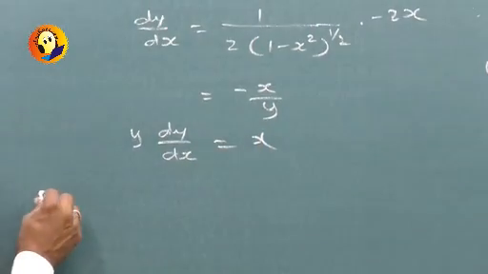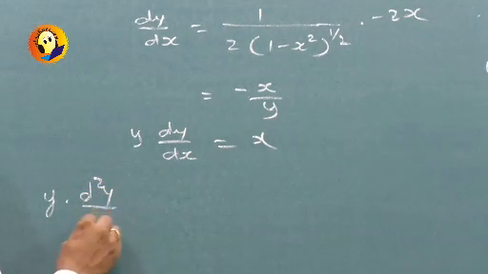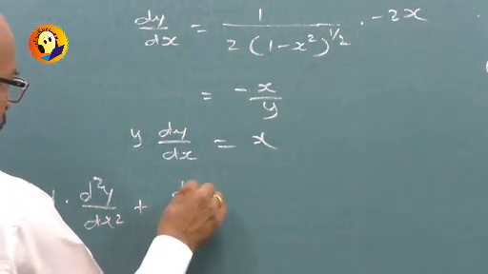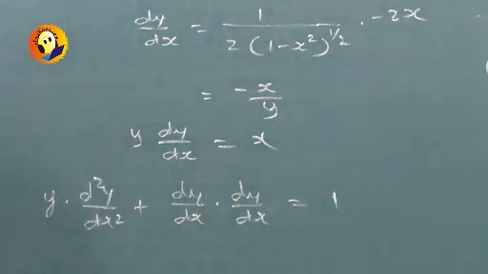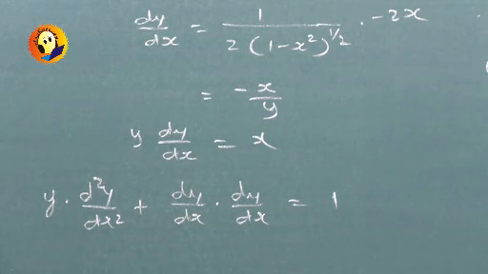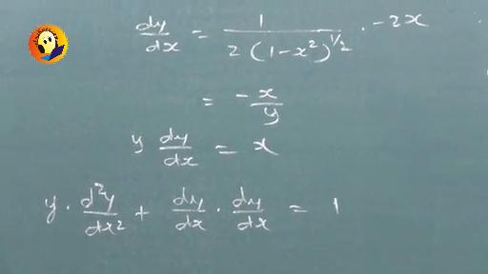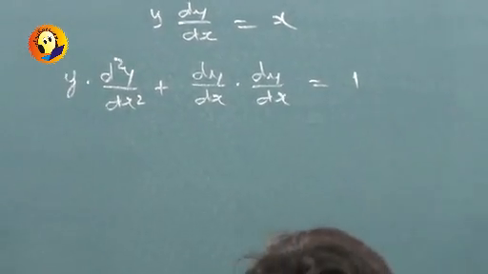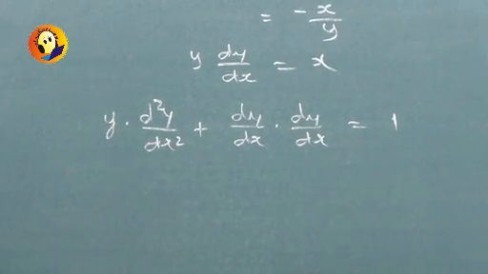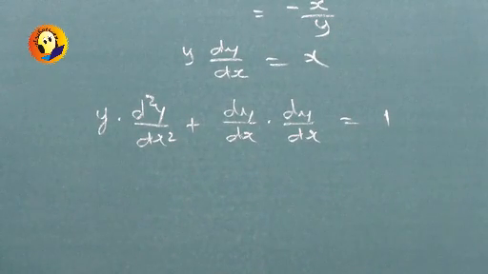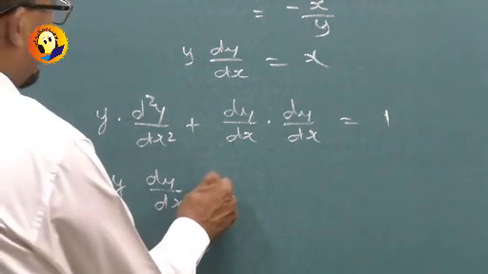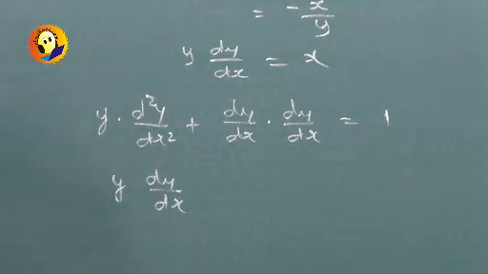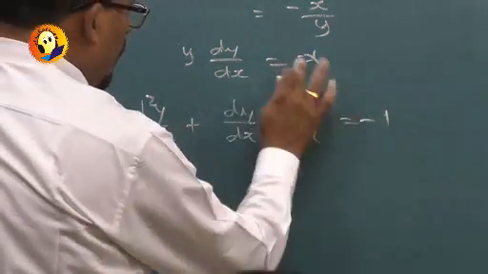Again differentiate it by u into v: it is y into d2y by dx square plus dy by dx into dy by dx equal to minus 1. This is minus x, so minus 1.